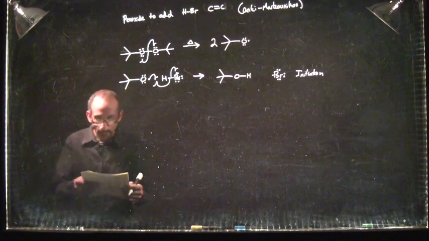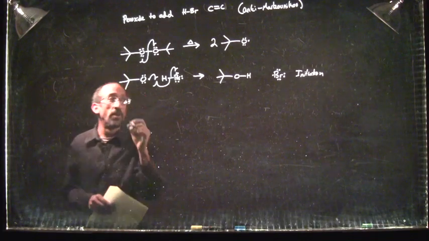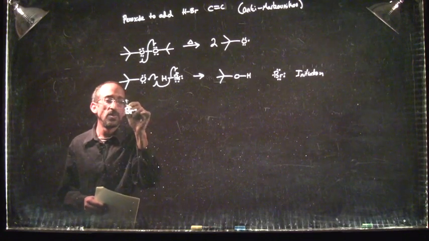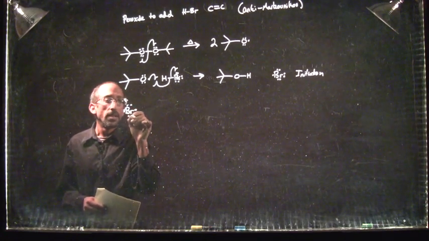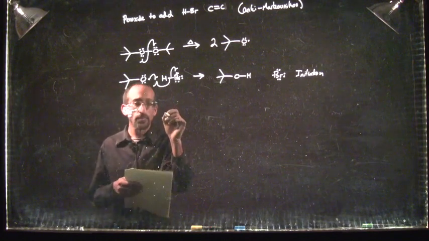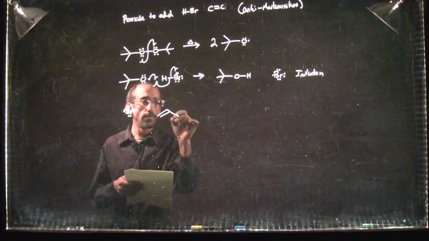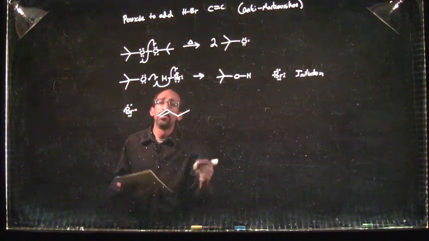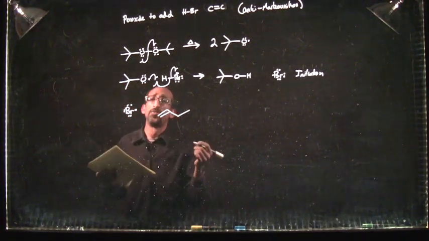From there, our bromine radical can locate an alkene and it adds such that the most stable radical is formed.